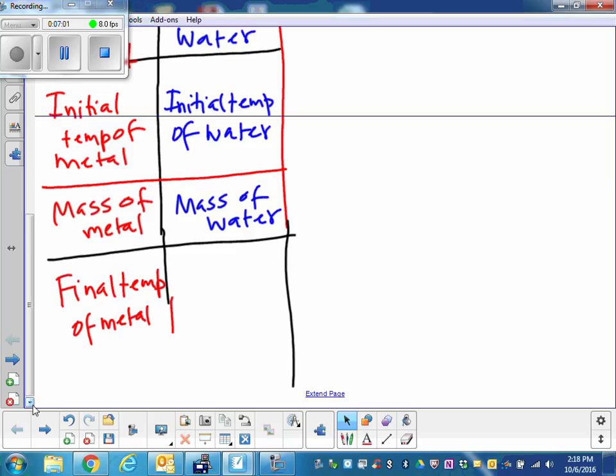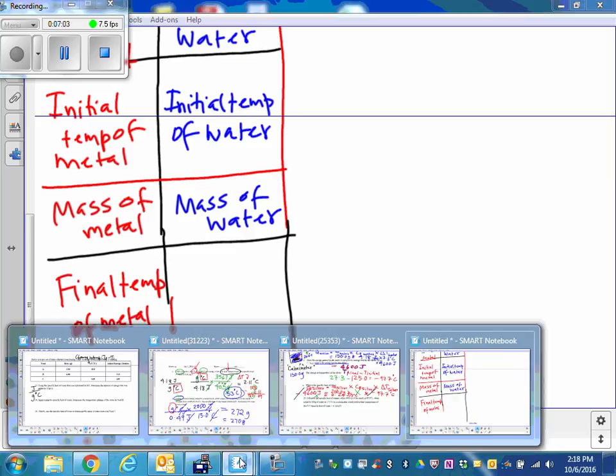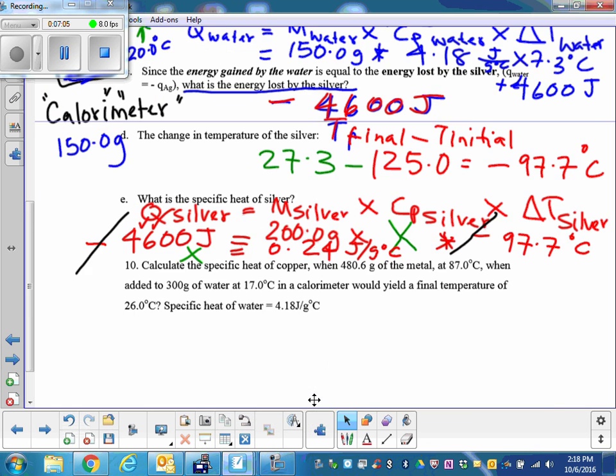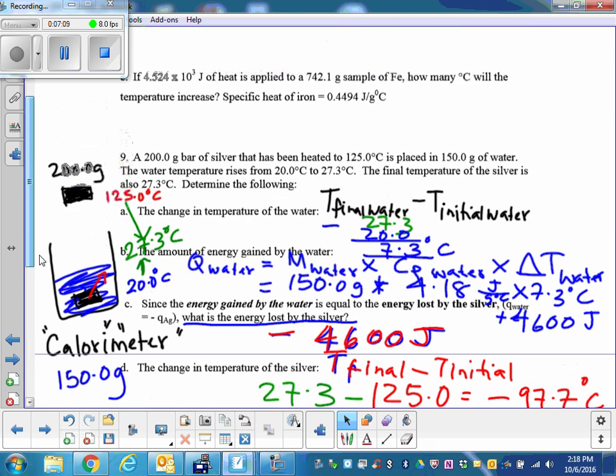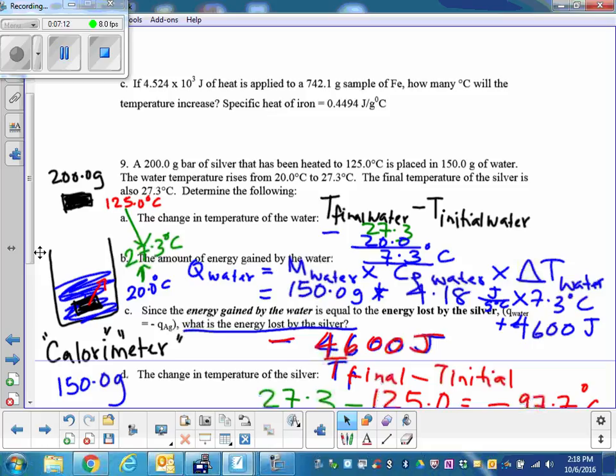Let's go back to this problem. All right? Let's look at this region of the discussion. What did we say?